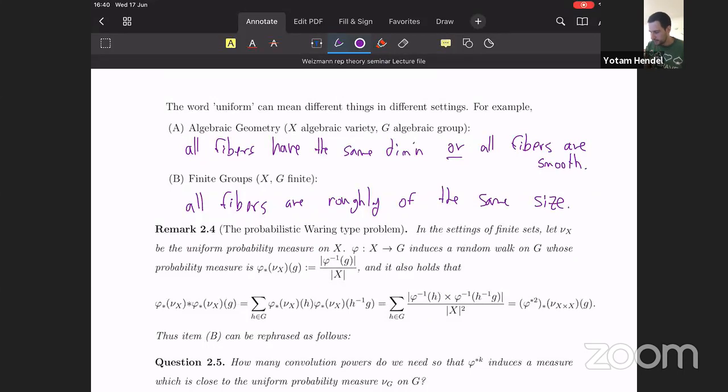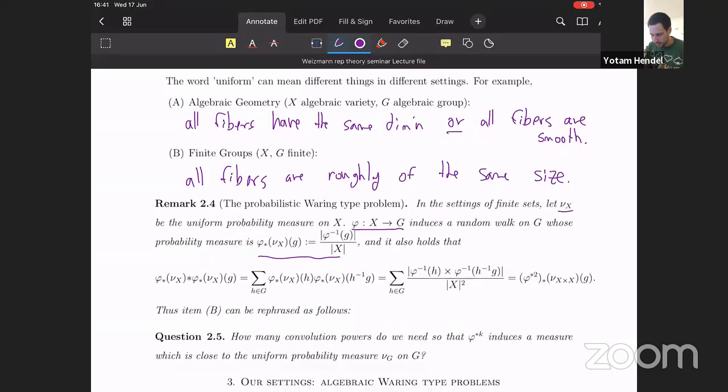So say we are again in the setting of finite sets, and say G is some finite group. I take nu of X to be the uniform probability measure on X, assigning 1 over the size of X to every element in X. And if I have such a morphism going from X to G, then I can consider the push forward measure on G using this simple formula.